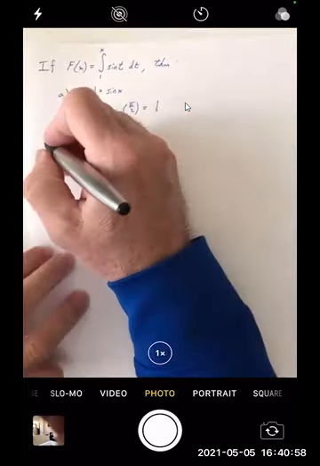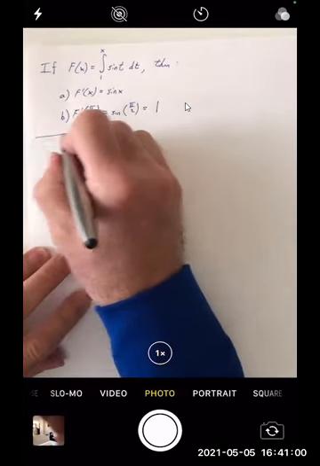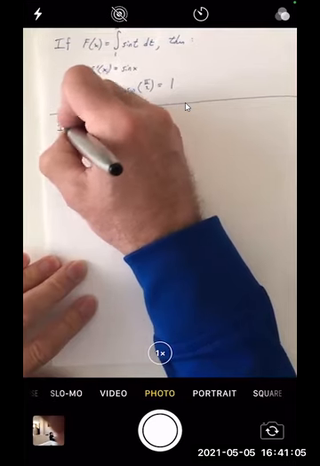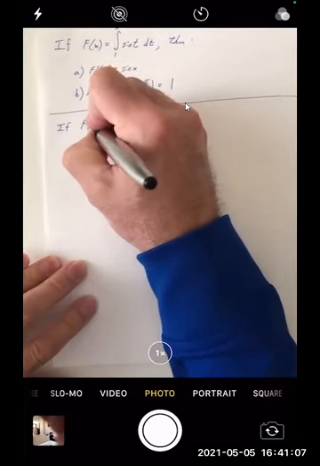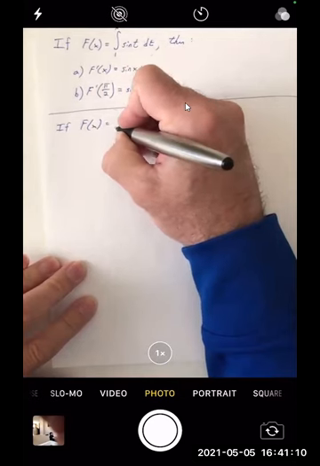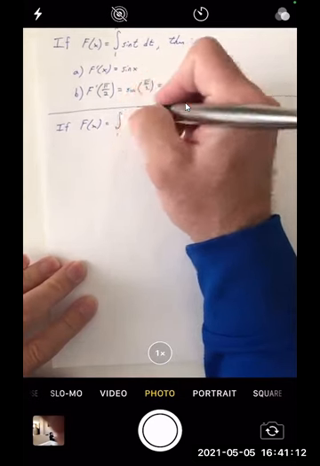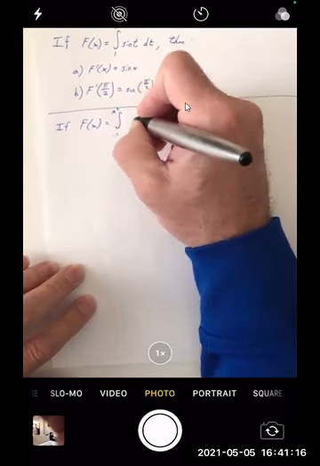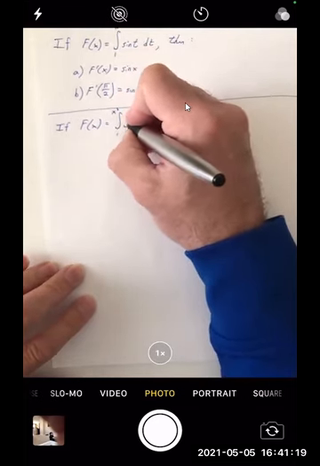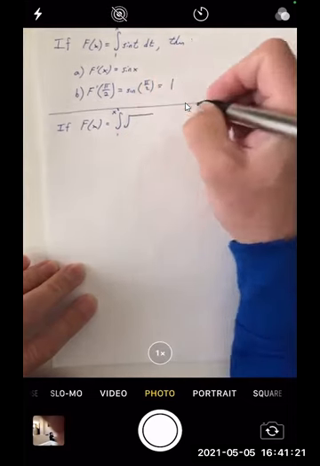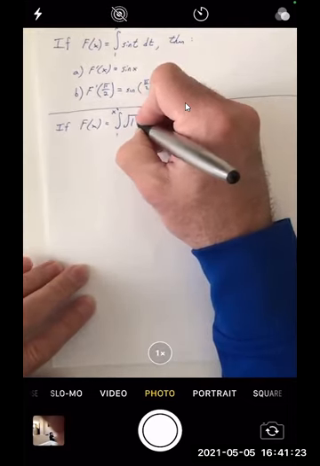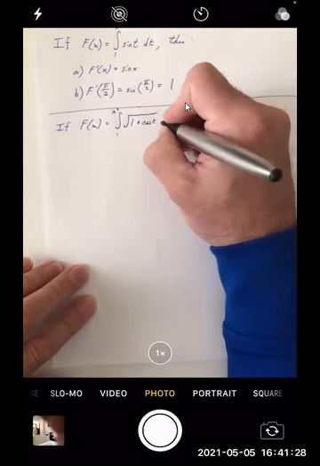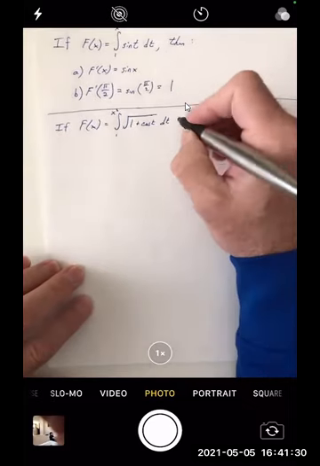Okay, so let's make it a little bit more complicated. If f of x is equal to the integral from 1 to, let's make it x squared, of root 1 plus cosine of t dt.